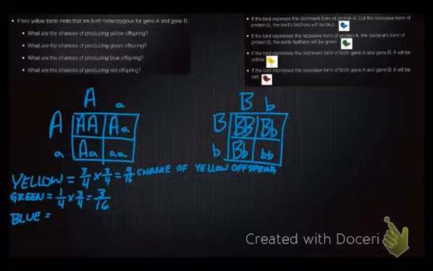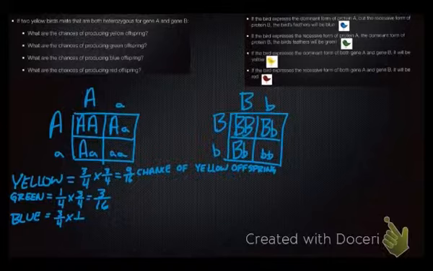Well, to get a blue offspring, I'd have to express the dominant form of protein A and the recessive form of protein B. 3 out of the 4 express the dominant form of gene A, and 1 out of 4, this one right here, expresses the recessive form of gene B. So that's a 3 out of 16.